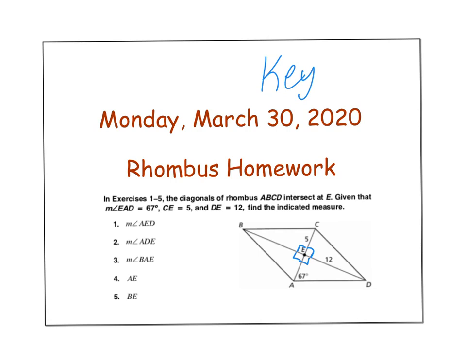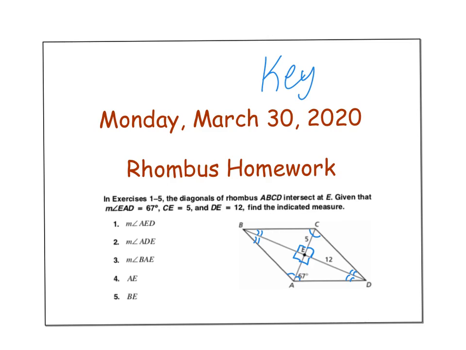I know the diagonals are angle bisectors, and so BAC is congruent to CAD, and BCA is congruent to DCA, and I also know the opposite angles are also bisected. So I'm going to have a double arc there.